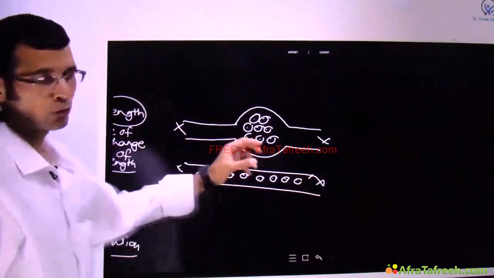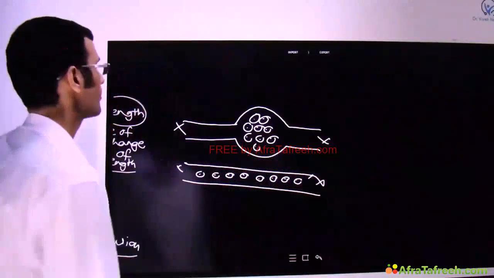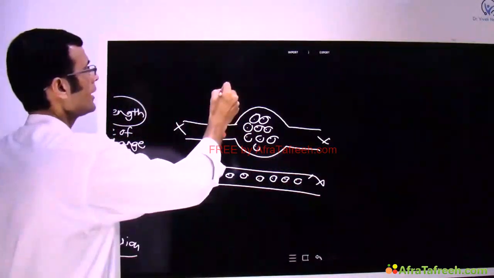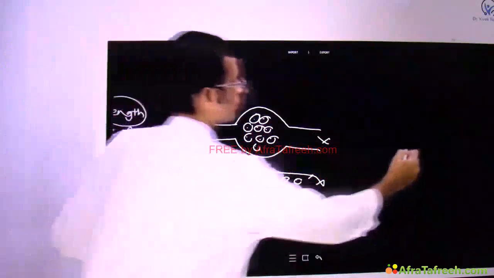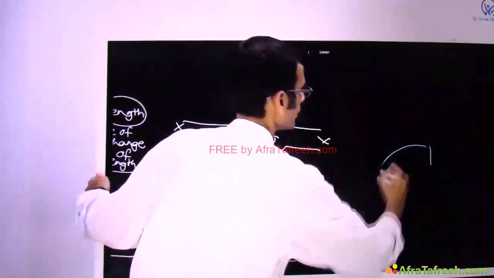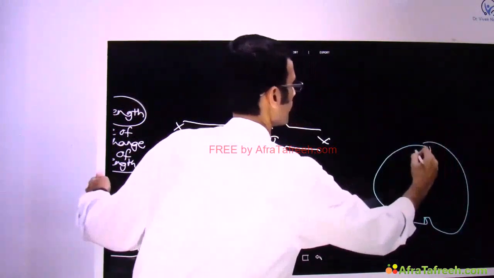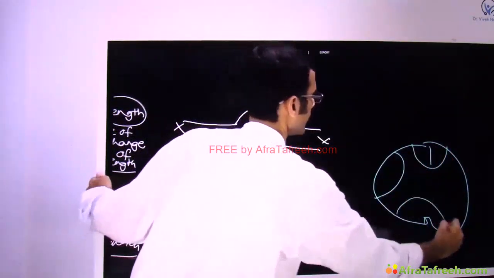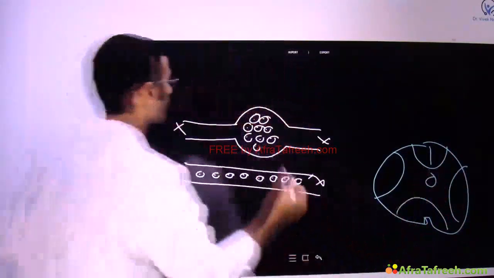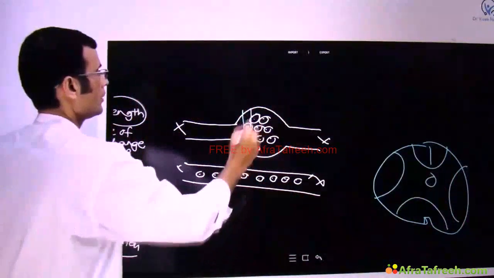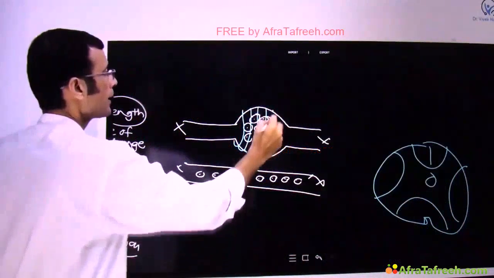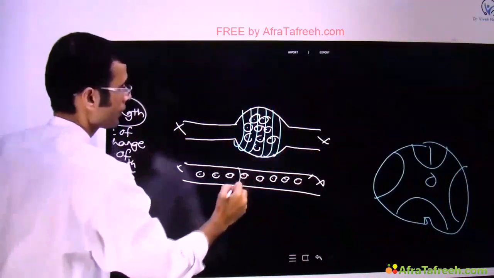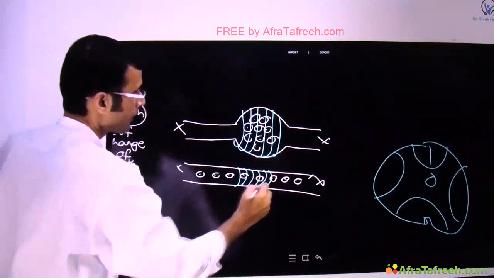Now, so far as the innervation is concerned, from the central portions of both the nuclear bag and nuclear chain fibers, there are annulospiral endings.